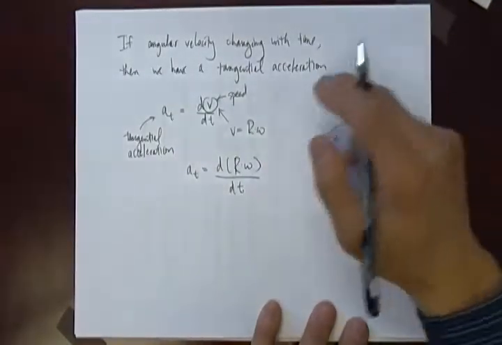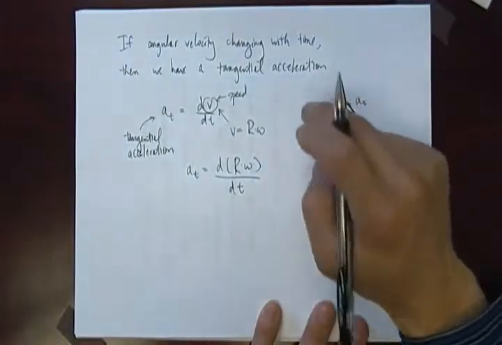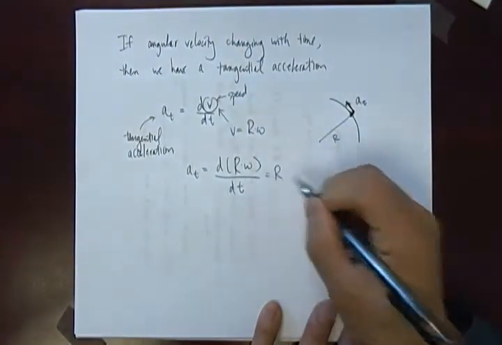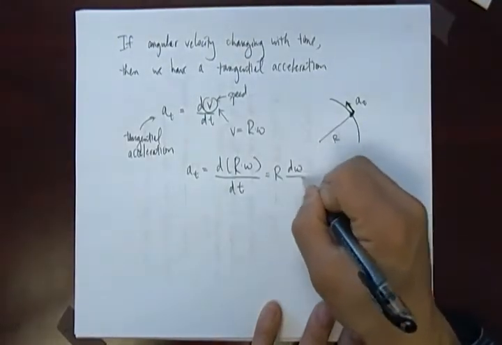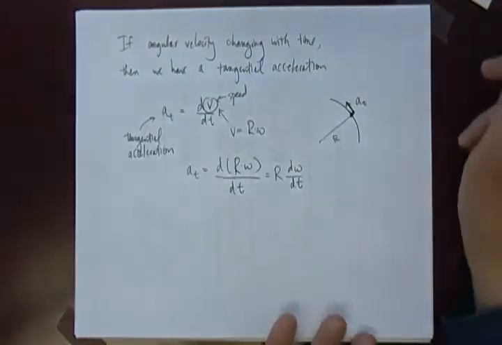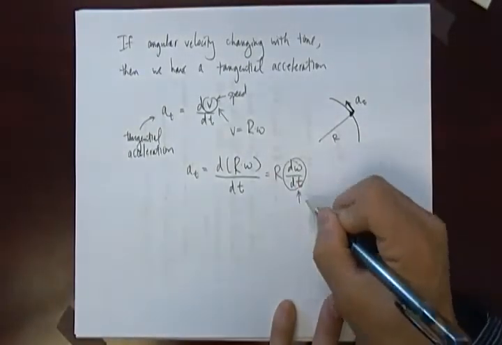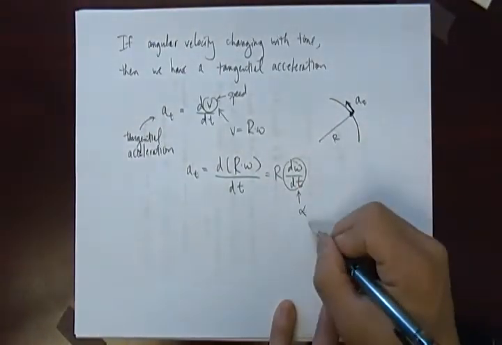Now it's just going around a circle, and the radius is not changing, so r is just a constant, so that comes out in front. But we do get a derivative of the angular velocity. The derivative of the angular velocity is the angular acceleration.